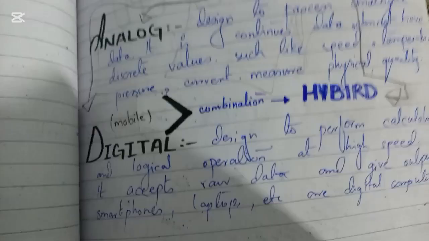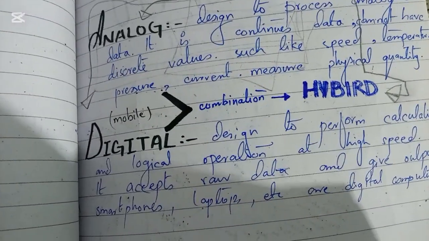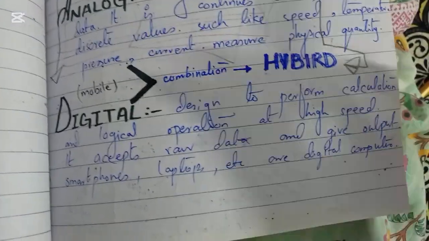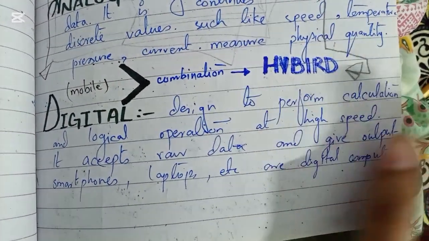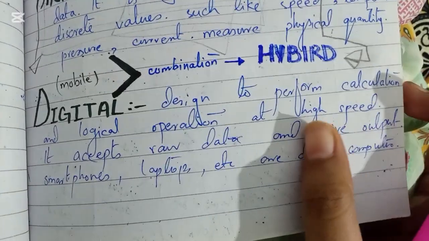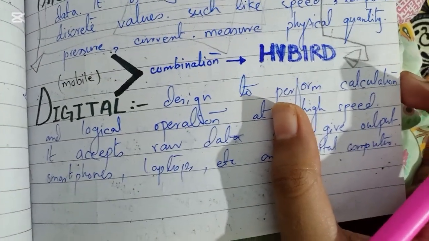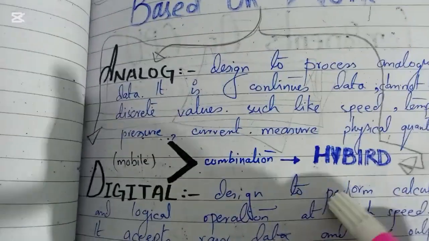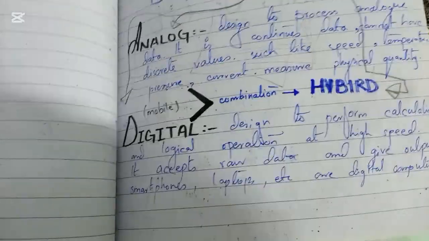Analog and digital combined make hybrid. Hybrid is a combination of analog computer and digital computer. For example, a mobile can tell you your pulse rate. And I hope students all the concepts are clear.